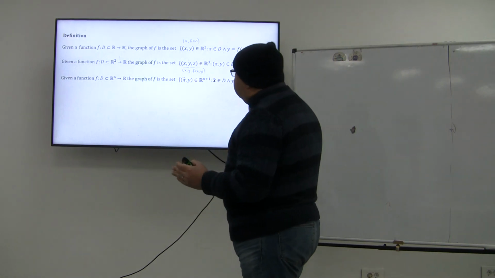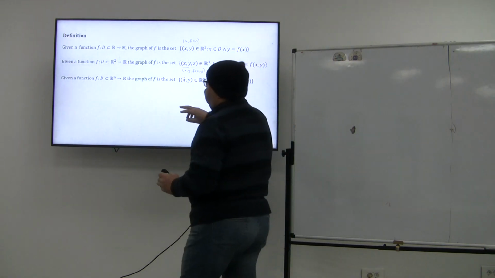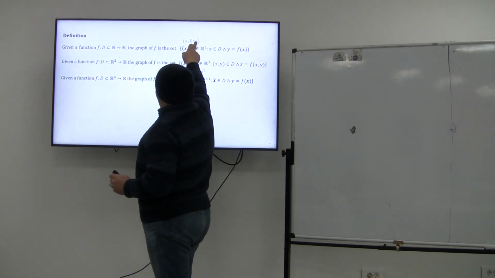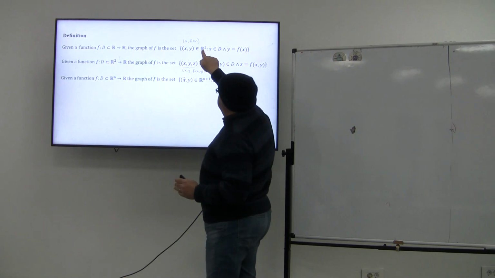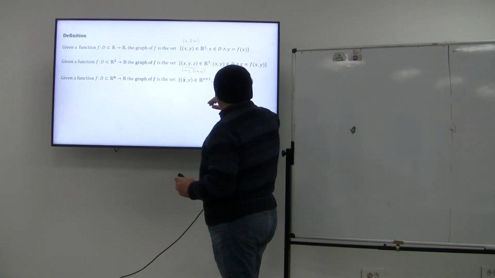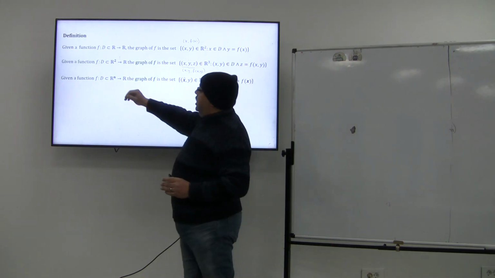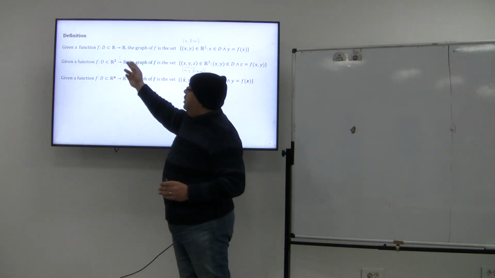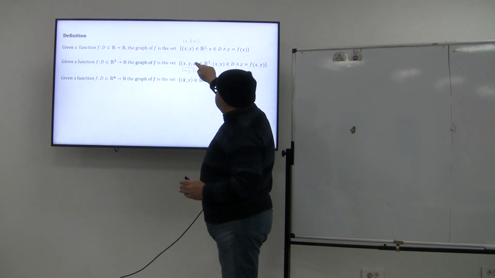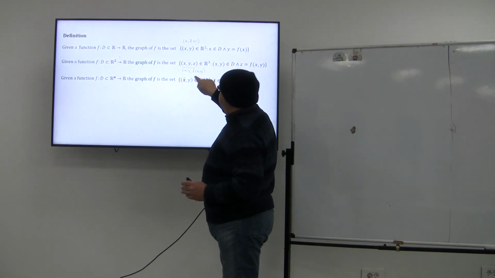This is written in short in this slide. Given a function f from R to R, the graph of f is the set of (x, f(x)) which belongs to R squared, where x belongs to the domain and y is represented by f of x. In the case of R2 into R, you are talking about 3 dimensions, so it's x, y, and z. z stands for a function in both x and y.